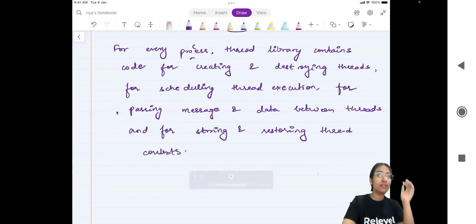Okay, these are all the things that the thread library basically takes care of.